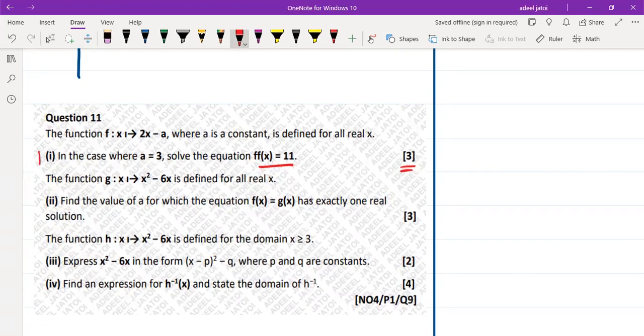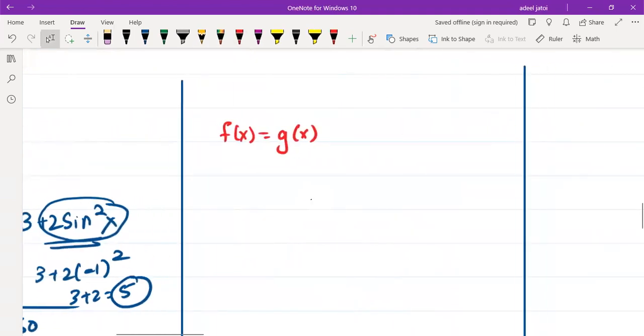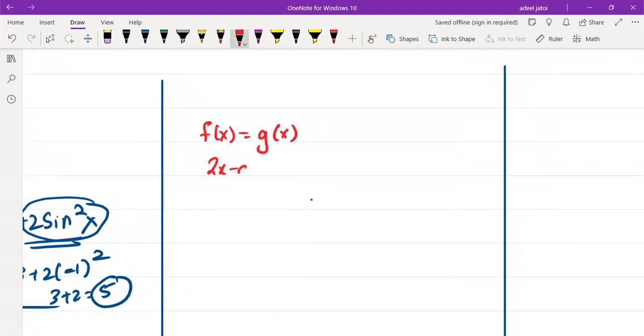Please note that part 1 was separate. The value of a will only be used in this part. But now, since you will be writing down f(x) again, you will be writing down 2x minus a.